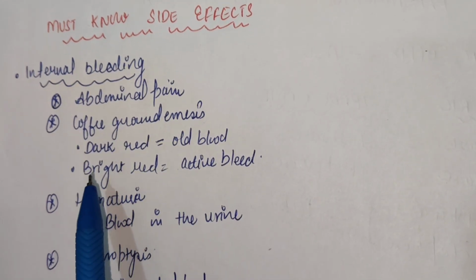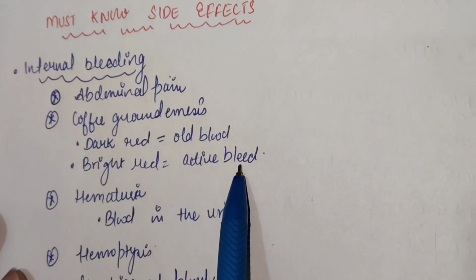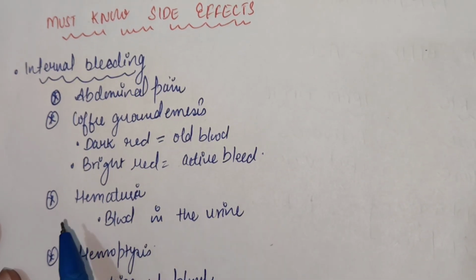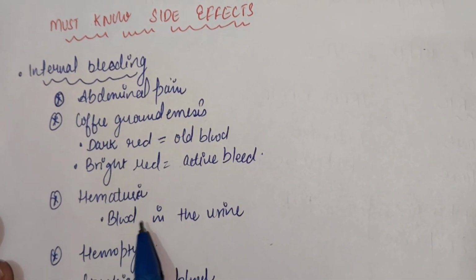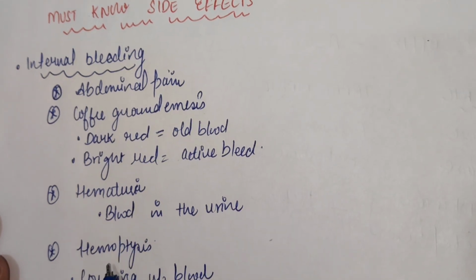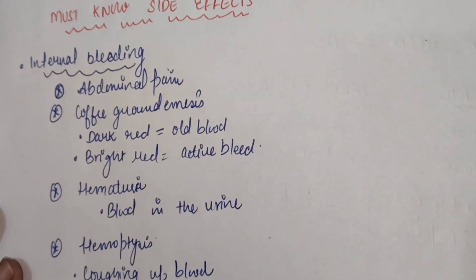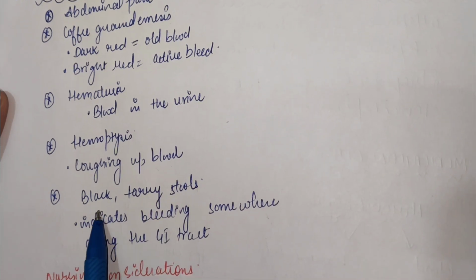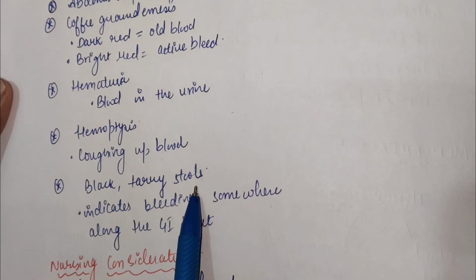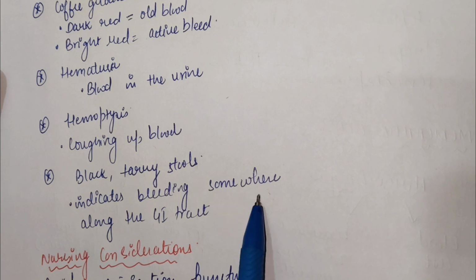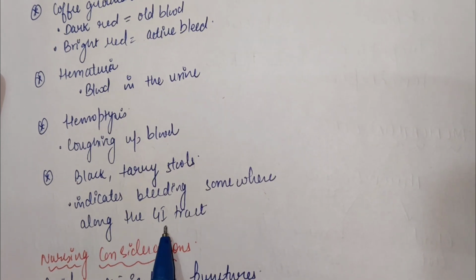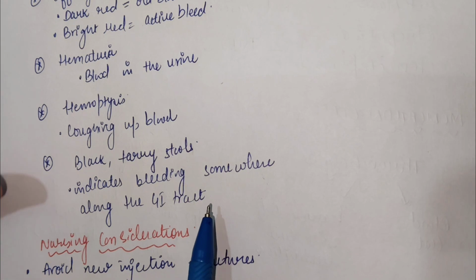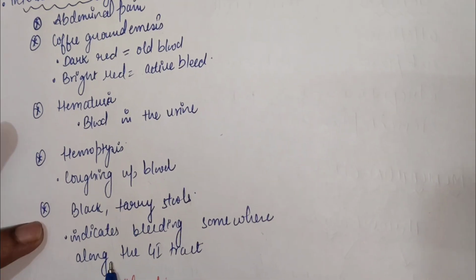If the blood is bright, then it is an active bleed, meaning a current bleed. Next is hematuria, meaning blood in urine. Hemoptysis is coughing up of blood. Then black and tarry stool indicates bleeding somewhere along the GI tract, that is, the gastrointestinal tract. So these are the side effects of TPA.